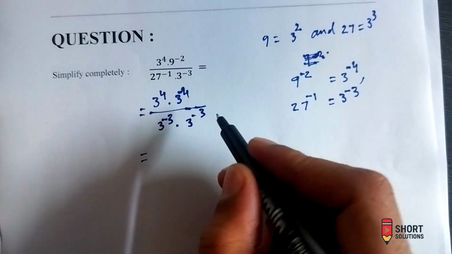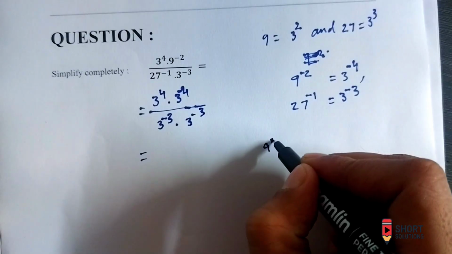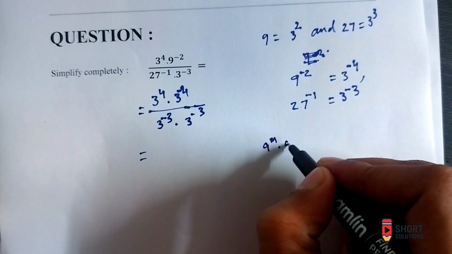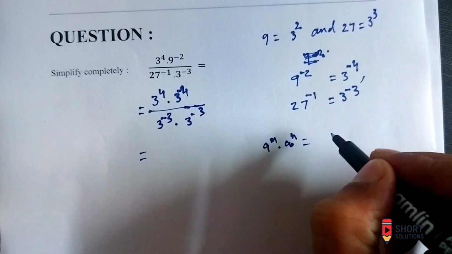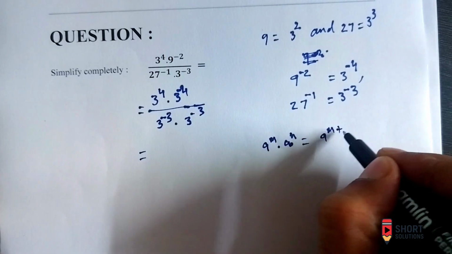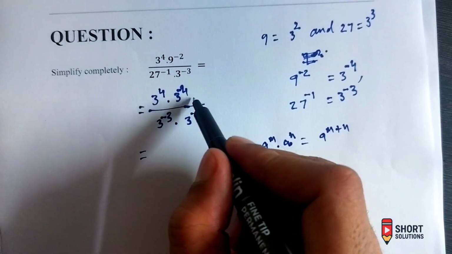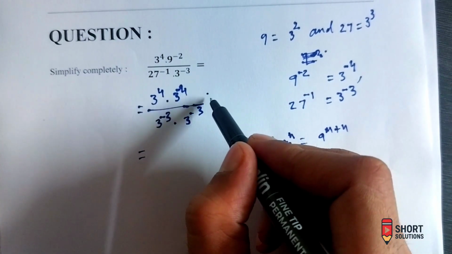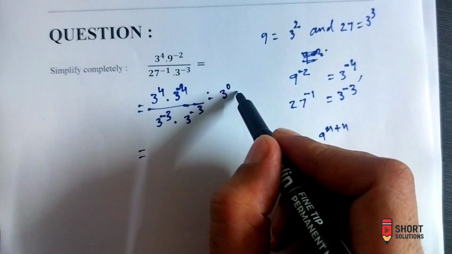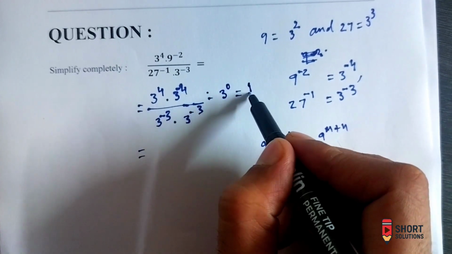Now as per exponential rule, a power m into a power n equals a power m plus n. So here we find 3 power 0 means 1.